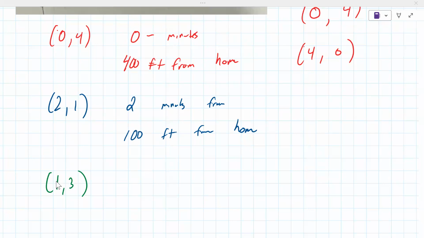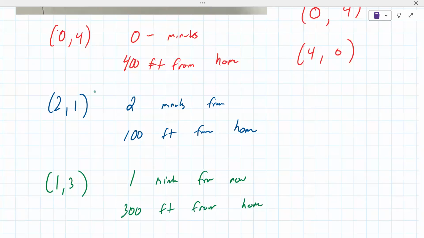A 1 is gonna be 1 minute from now. And 3 is gonna be 300 feet from home.